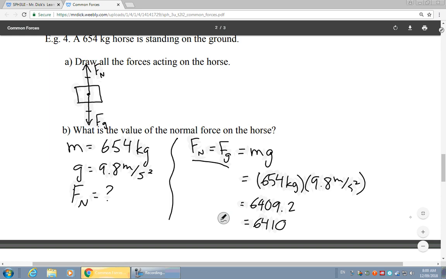And that is in newtons, because once again, it's a normal force. It's an amount of force. Of course, on a test or an assignment, you'd also just write a final therefore statement to say that therefore, the normal force acting on the horse is 6,410 newtons, approximately.